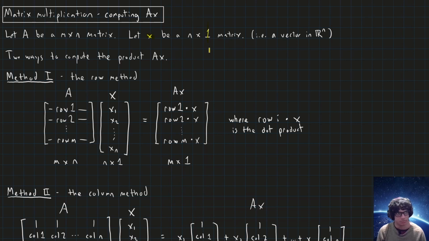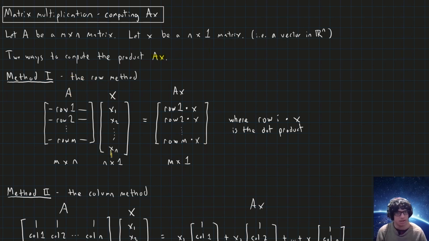Okay, so if I just gave you, say, a 3 by 3 matrix and a vector x of length 3 and asked you to compute A times x, you probably remember how to do that. And this is the method you would probably use. This is called the row method or the dot product method.